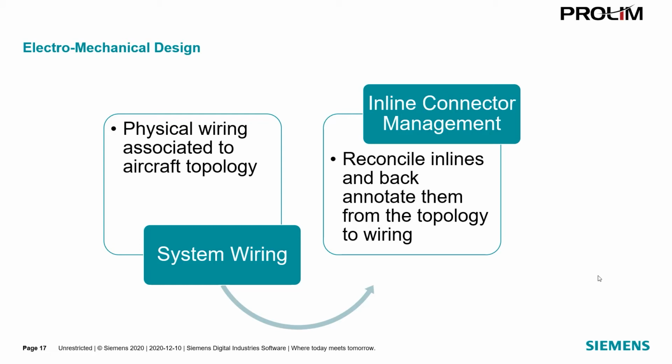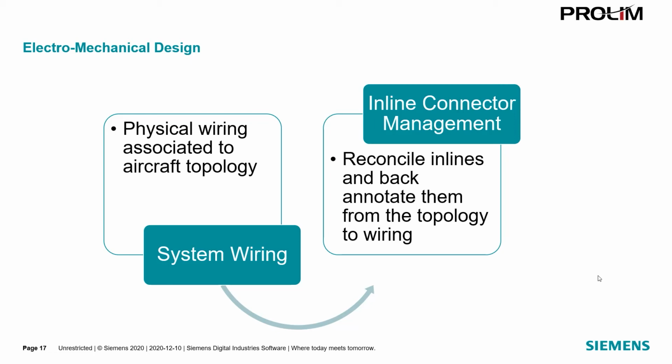to reconcile how the wiring is actually routed throughout the aircraft with those inline connectors that they may have to be routed through. In this particular case, what you're going to see is devices A2 and A3. We're going to have to route our wires through some bulkheads and through particular inlines, and we're going to have to figure out what are the paths that we need to take.